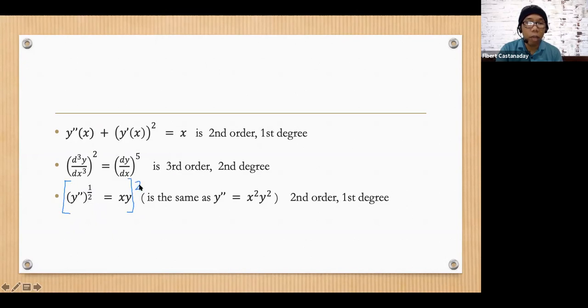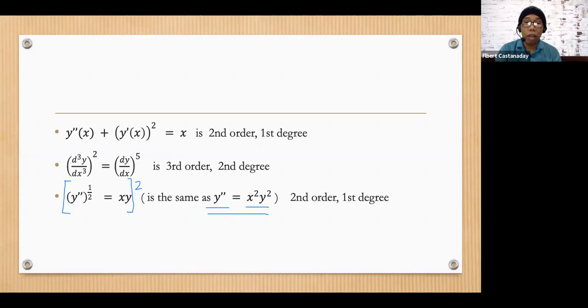Canceling the 2, we have y double prime, and x squared times y squared. In this equation, you can see that there are no fractional exponents.